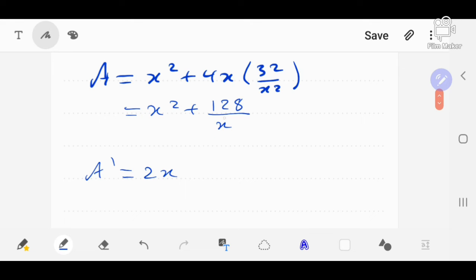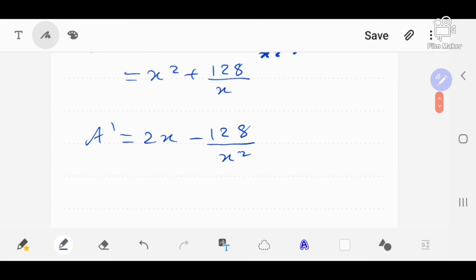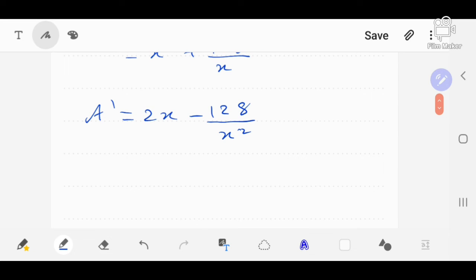The derivative of 128 over x, that's a constant over a function, so it's negative the constant times the derivative of the function over the function squared, or you can apply the quotient rule, whatever rule you know, or you can take x up, make it to the power of negative 1, and then derive. Now, the next step is to make it equal 0 in order to check for the extreme value.